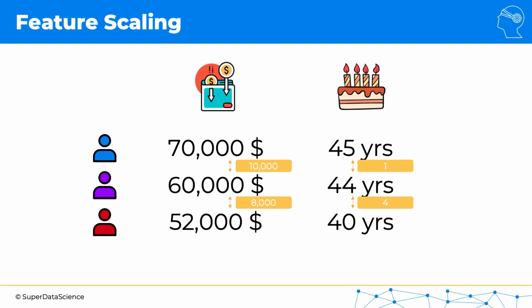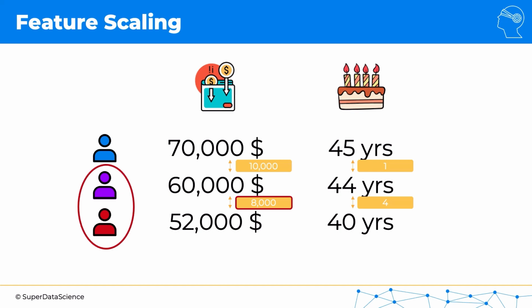We're going to focus on these large magnitude numbers, and out of them, we'll say that the purple person is clearly closer to the red person because that value is 8,000. It's 2,000 units less than the difference between the purple and the blue person, and as a result, we would group the purple person with the red person.